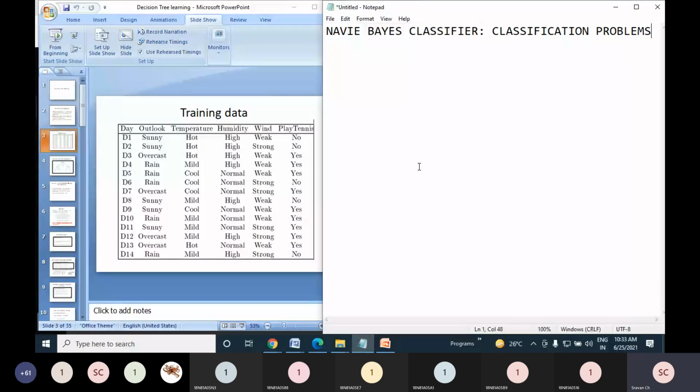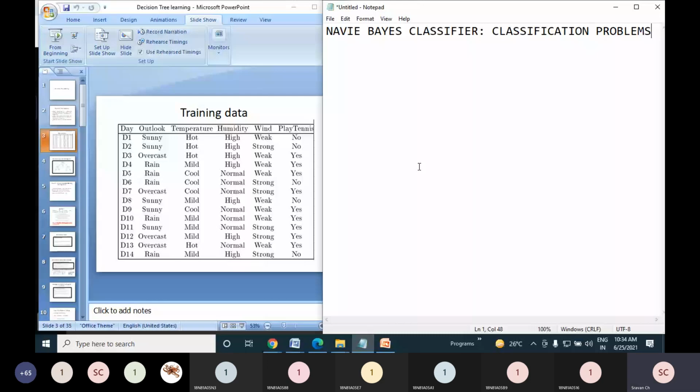Playing tennis depends on all these 4 attributes, and its outcome can be either yes or no. Depending upon the values of these 4 parameters, I need to predict whether a person will go for playing tennis or not. The possible values of our outcome variable, playing tennis, are only 2, yes and no.